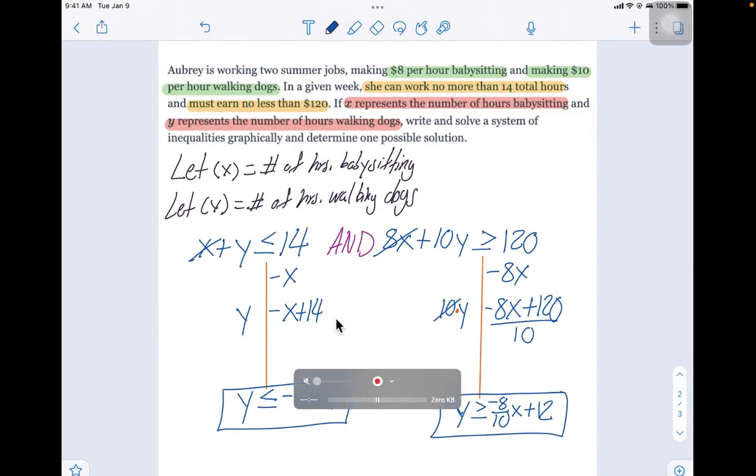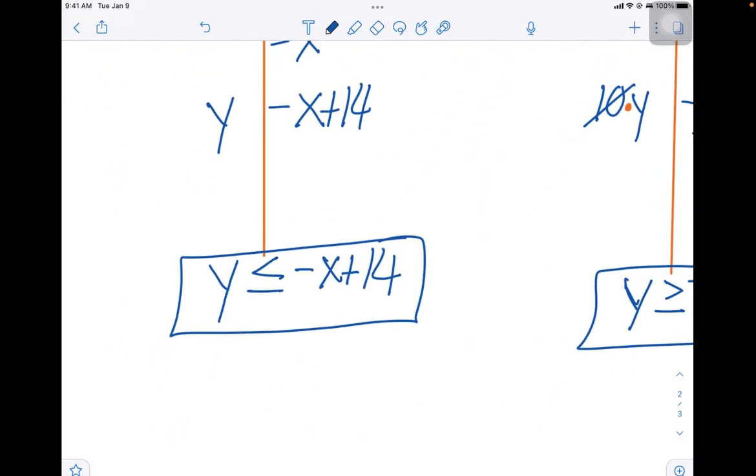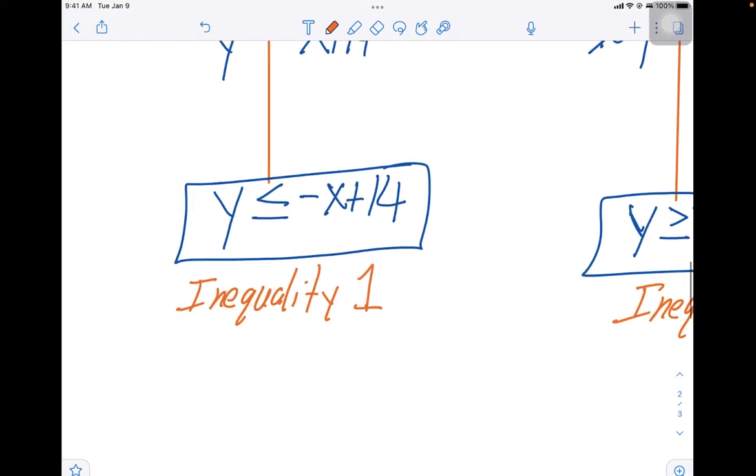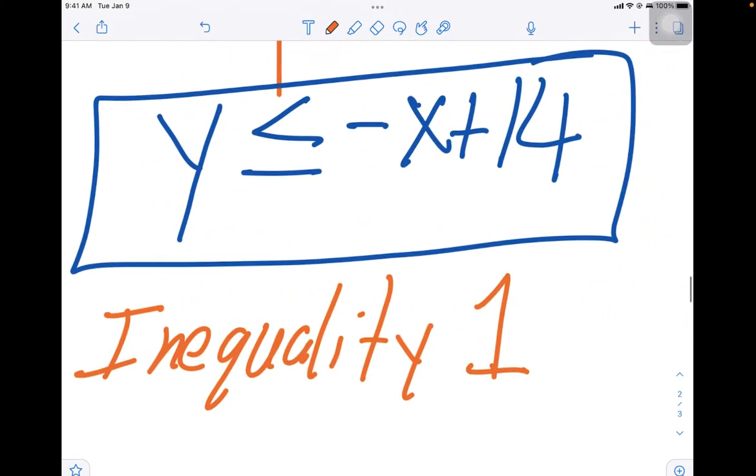Well, here, this is my inequality 1. So let's label it. This is my inequality 1. So that makes this one my inequality 2. So I'm going to focus on my inequality 1 right now.